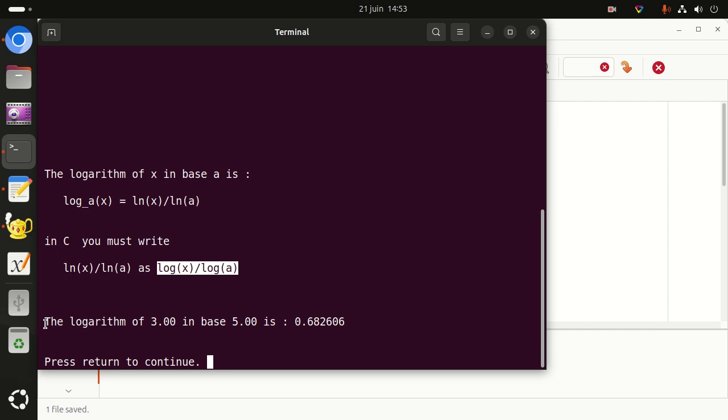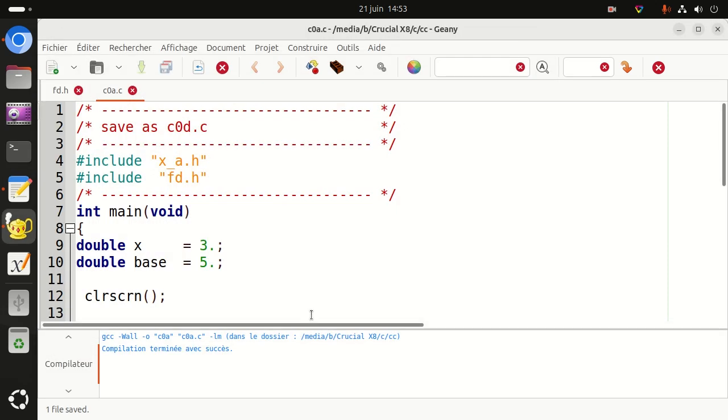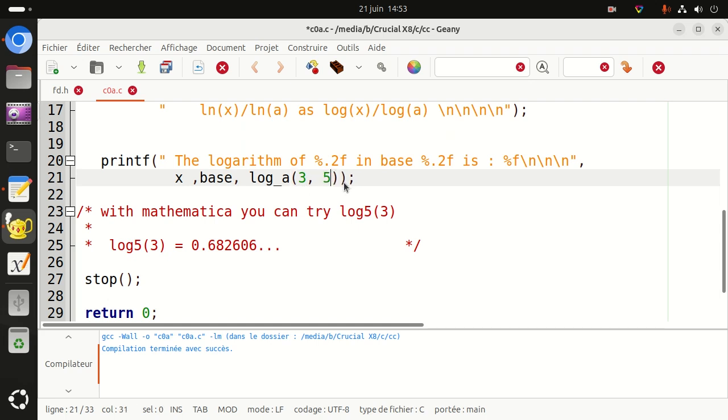This is a numerical example. Logarithm of 3 in base 5 gives this value. To obtain this value, I call a function. I call the function log of a. So, x is 3 and base a is 5.